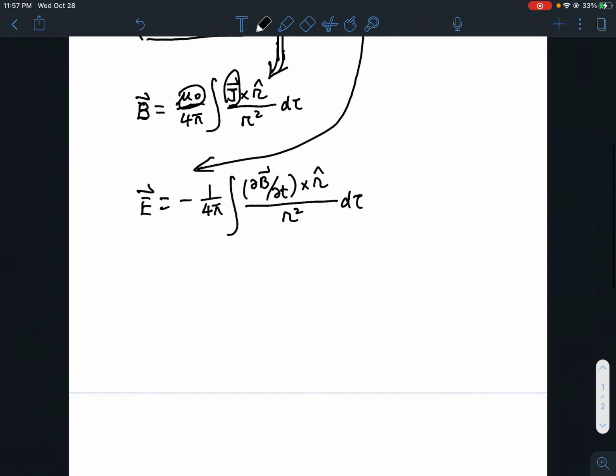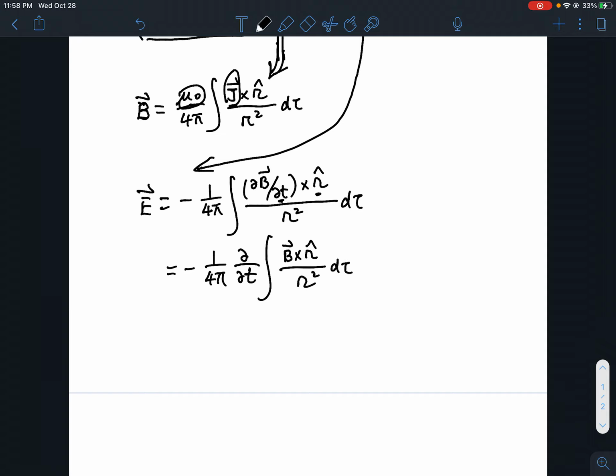Because these are the directions, it only depends on the position, and this one depends on the derivative with respect to t, we basically can put this t derivative outside. Inside this integral, we just have this.